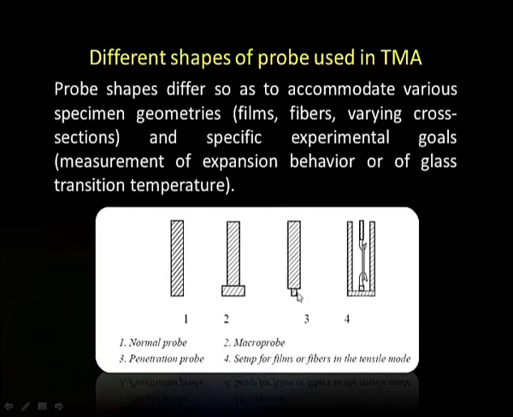The third one is the penetration probe, where you can see that we have a small portion which is coming out of this probe and it is used for penetration experiments. And fourth is the setup for films or fibers in the tensile mode.